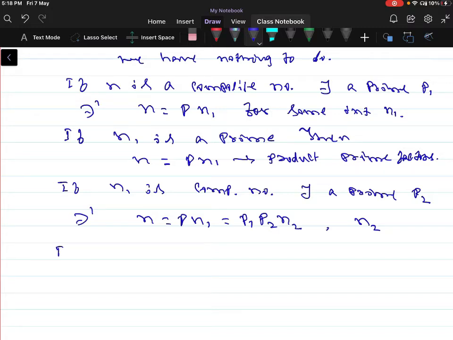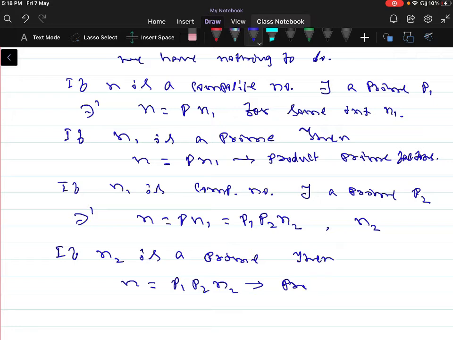Suppose n2 is a prime, then n can be written as p1 into p2 into n2. So this implies a product of prime factors.